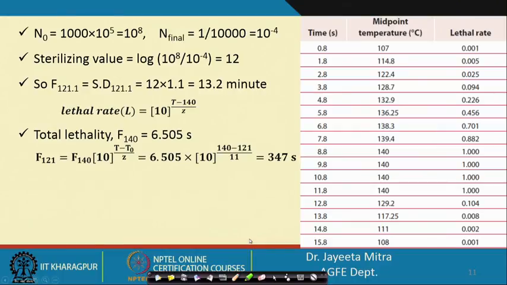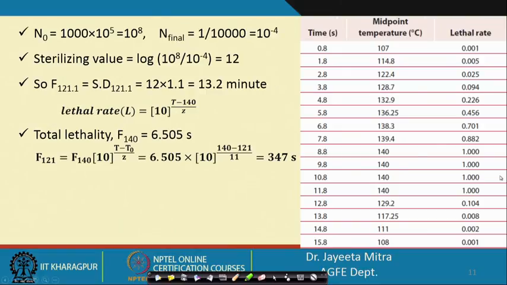Now, if we want to plot it, starting from the midpoint of each can, we want to measure first, with increasing time in seconds, what is the condition of the midpoint. Based on that, using this equation 10 to the power (T minus 140) by Z, we will calculate the lethal rate first.